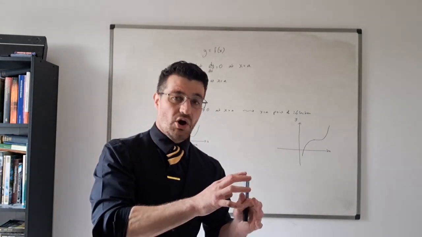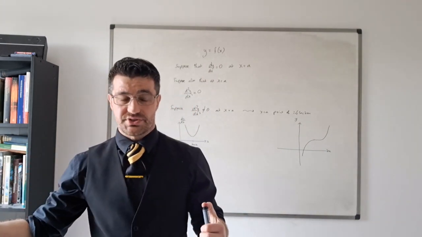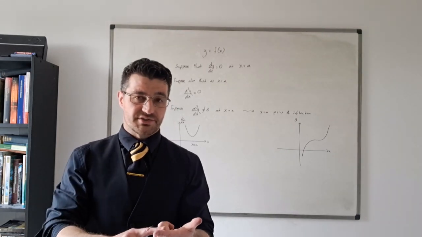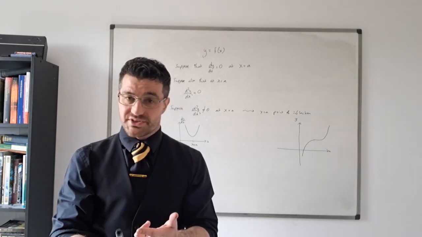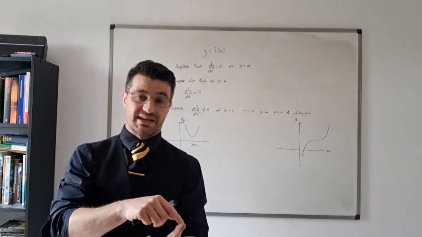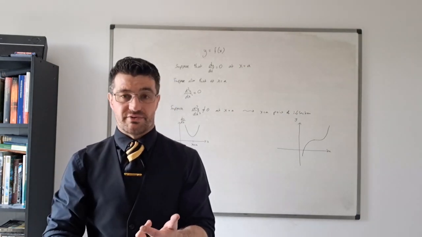Understand that there's a whole series of derivative tests that we can potentially use. If the second derivative test doesn't work, and we go to the third derivative and that doesn't tell us anything either, then we go to the fourth derivative and we basically do a fourth derivative test, which works in the same way as the second derivative test, but just with fourth derivatives.